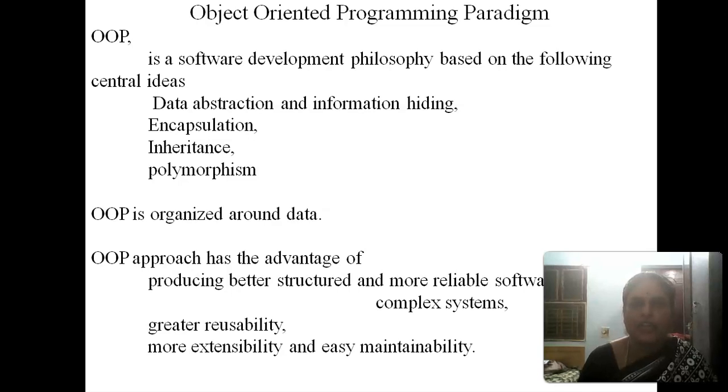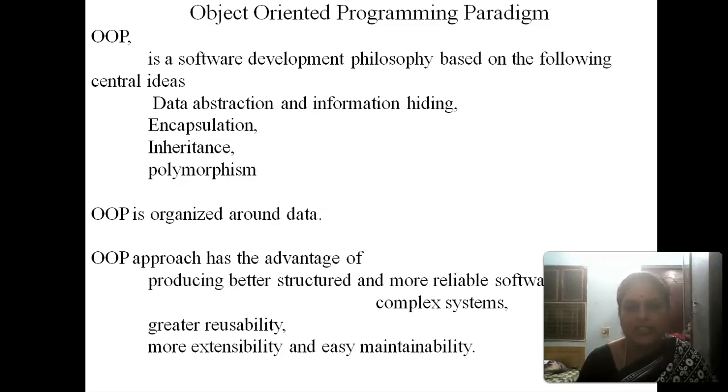This object-oriented programming paradigm is a software development philosophy based on the following central ideas: data abstraction and information hiding, data encapsulation, inheritance, and polymorphism. Object-oriented programming is organized around data.